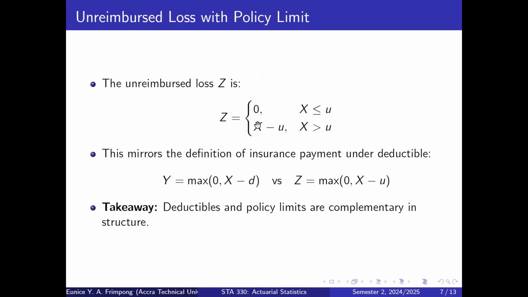And then Z is equal to X minus U when the loss is more than the policy limit. So in this case, the insured will pay anything above the policy limit. So you take the policy limit out of the loss and then you get the rest, which is what the insured pays. Once again, this mirrors what we saw with deductibles, except now we are capping the insurer's side rather than the insured's side.